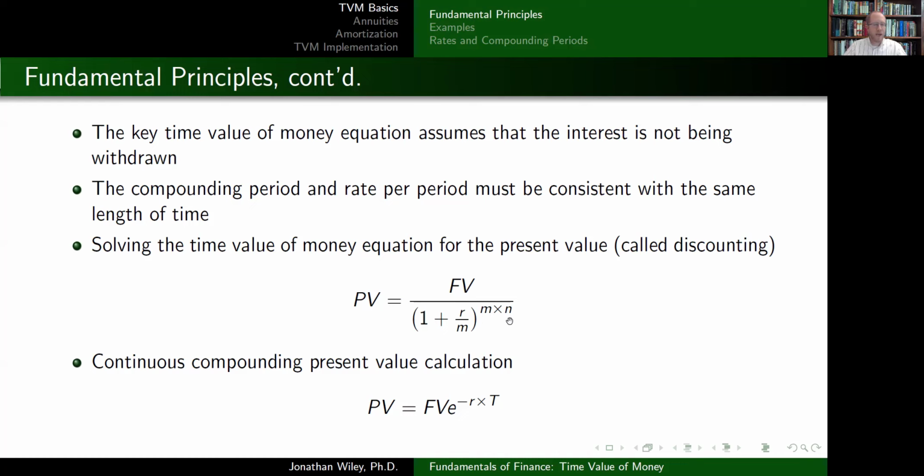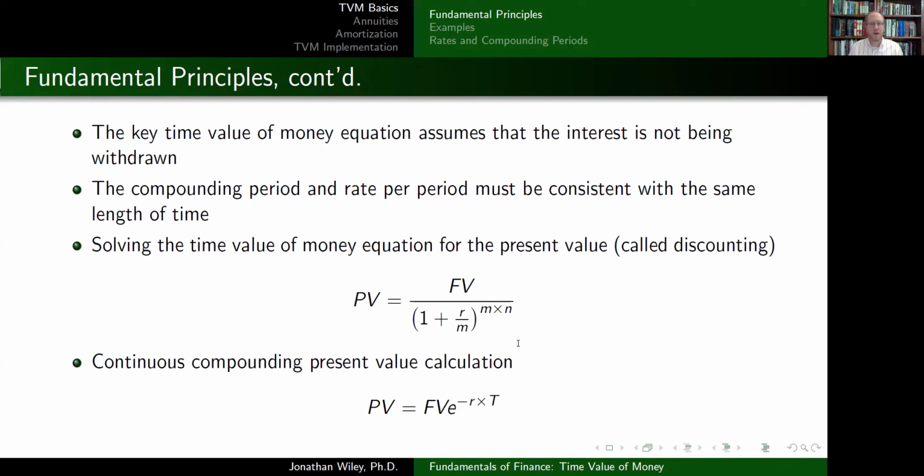And so if you do that, basically what this turns into is I'm going to take future value and I'm going to divide it by 1 plus some number, in parentheses, raised to a power, which basically means this. I'm going to take the future value and I'm going to divide it by some number that's bigger than 1. And what that means is the present value, the value today of some amount of money in the future, is less than whatever those dollars are in the future.